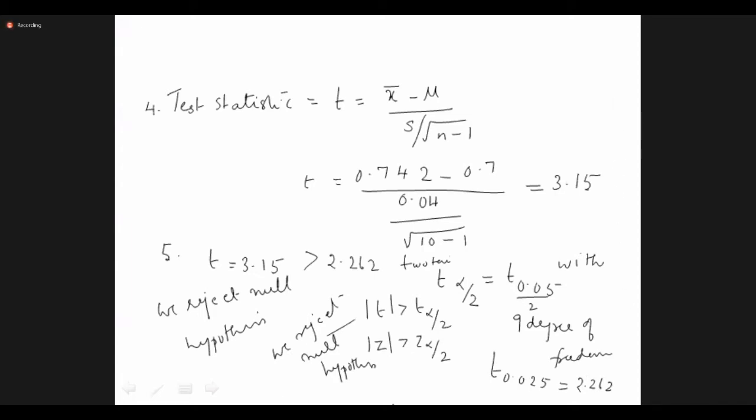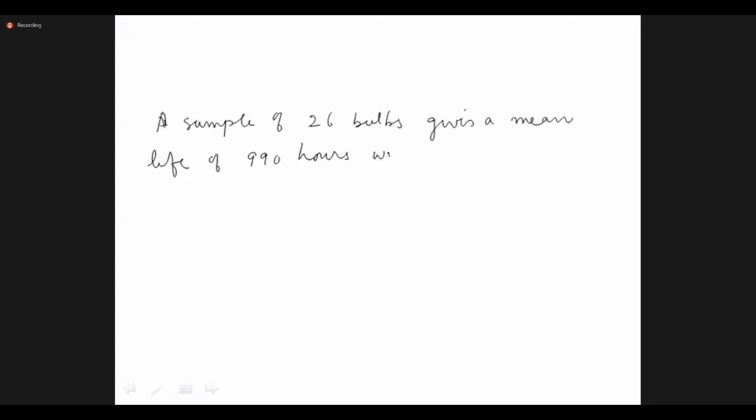Next problem: a sample of 26 bulbs gives a mean life of 990 hours with a standard deviation of 20 hours.